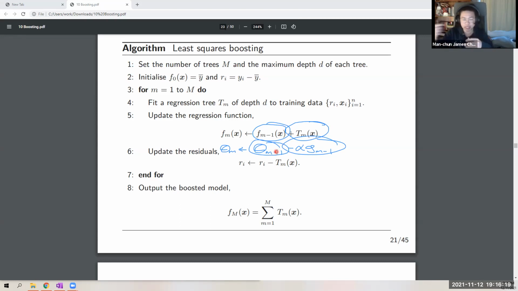Basically, this means you're moving in function space. When you have parameters, you're moving on the real number line, on an axis of data. But here we actually have a function space.